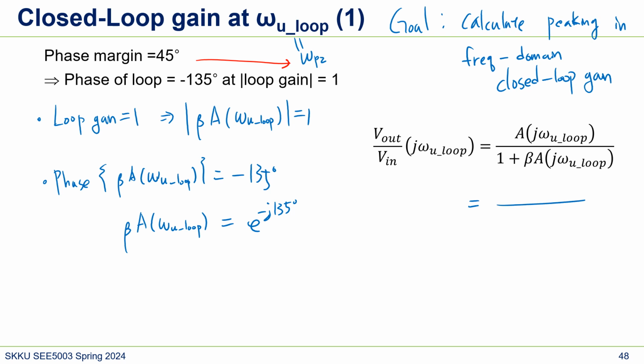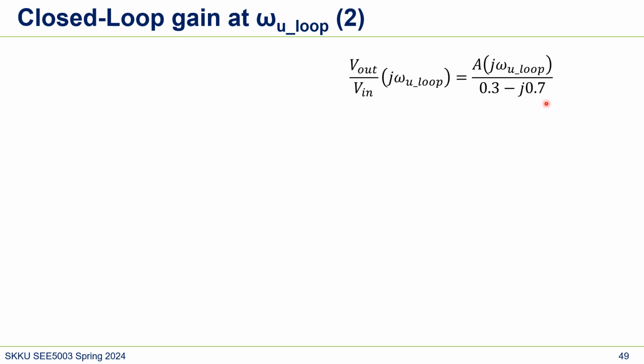This will be A over 1 plus e to the j minus 135, and it turns out to be 0.3 minus 0.7j, at omega U loop. So this is our goal.